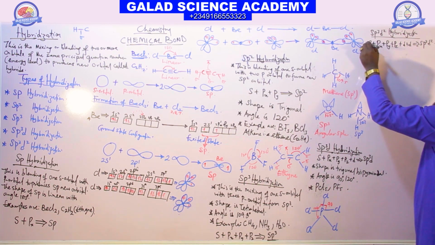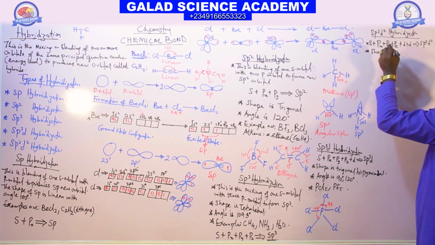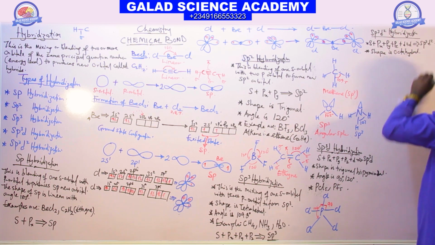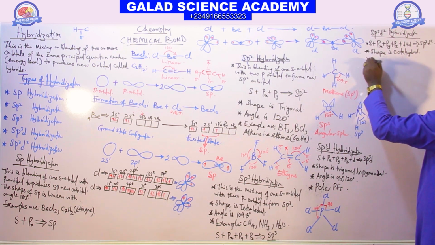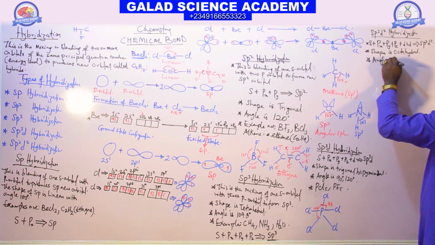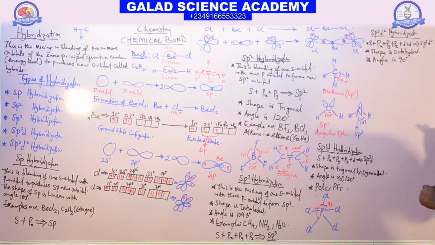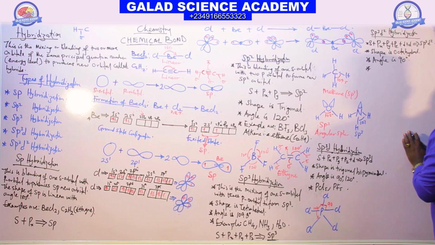The shape for this hybridization is octahedral, and the angle here is 90 degrees.